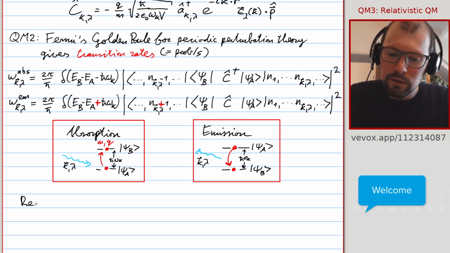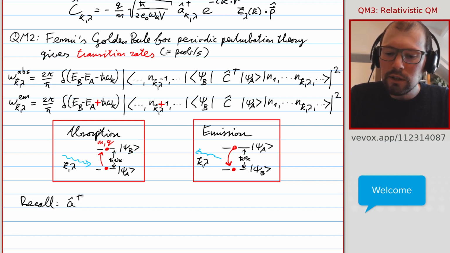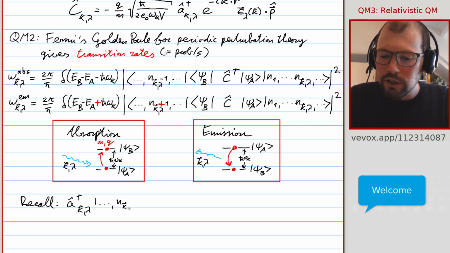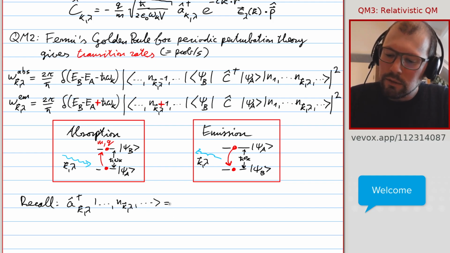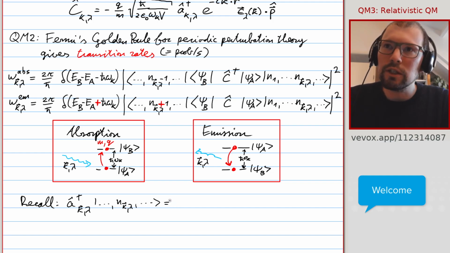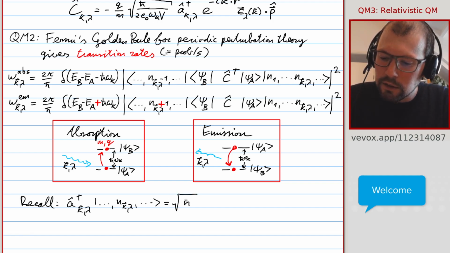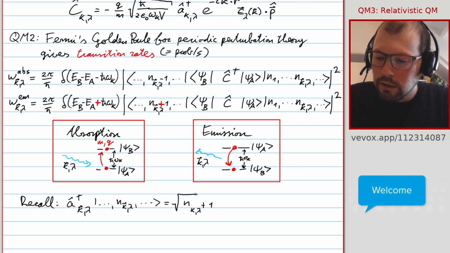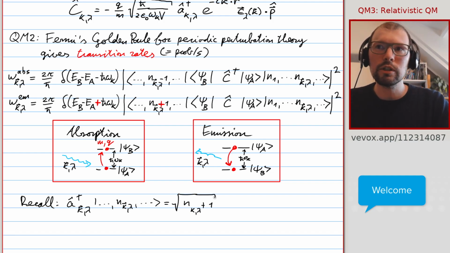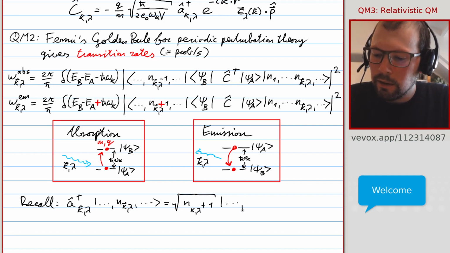So recall, how does, for instance, the creation operator act on this photon state? Well, of course, it increases it by 1, but we had seen in the construction of the Fock space that there is a normalization factor: the square root of the number of photons before plus 1.